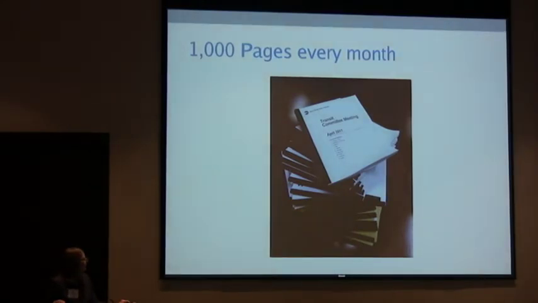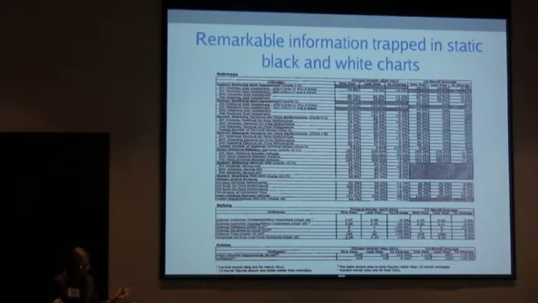So the MTA has, I think I first heard the term here, data-rich, information-poor, DRIP. It puts out 1,000 pages every month of performance data and other information. It's very intensive to try and read and then translate. And so we wanted to address that problem.